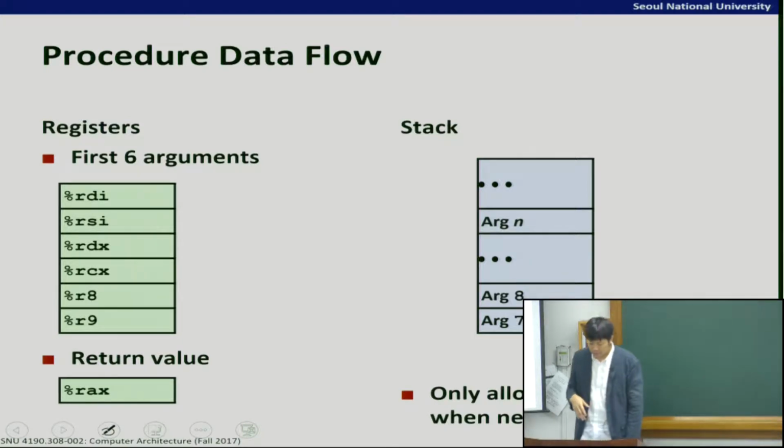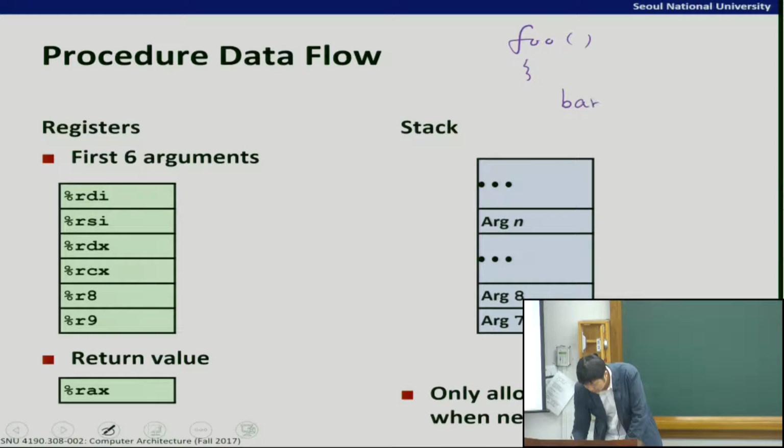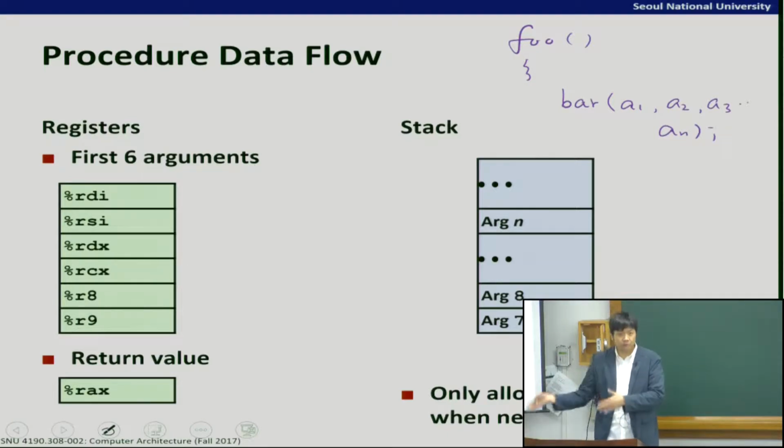For the first six arguments, let's say you have foo as the caller and bar as the callee, and this takes argument 1, argument 2, argument 3, and so on, up to argument n.